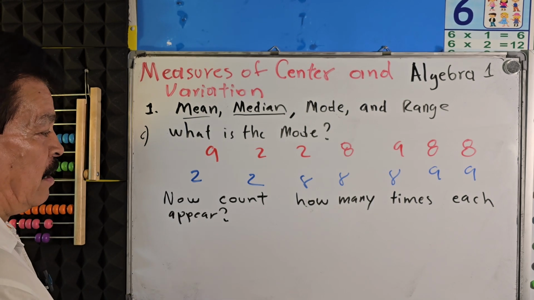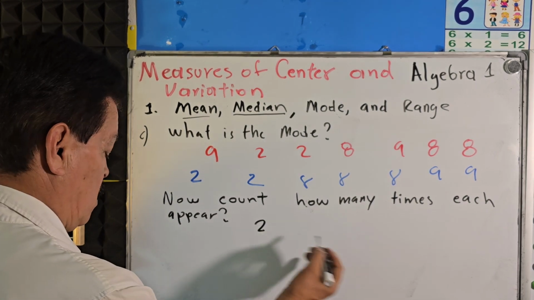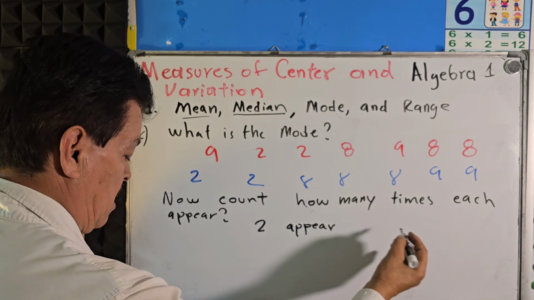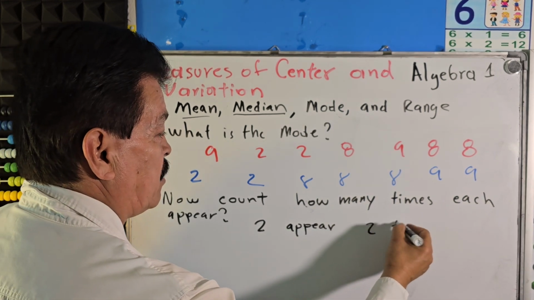So I will write it. 2 appears how many times? 2 times.